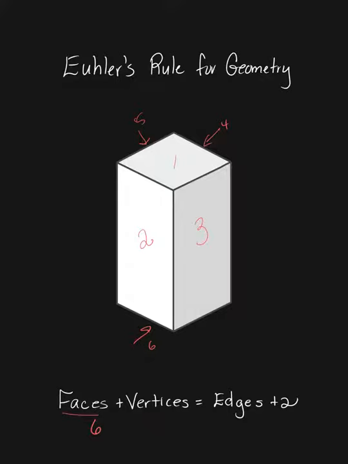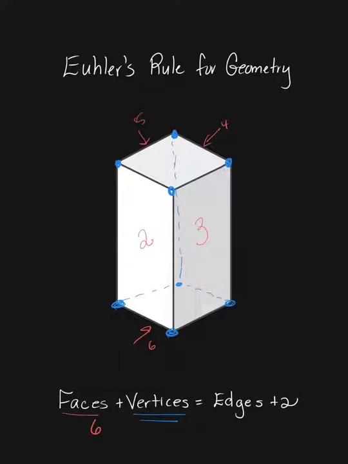Now, as far as the vertices goes, we said the vertices are the corners. So we have 1, 2, 3, 4, 5, 6, 7, and then we have an 8th one back here that we can't see, but it surely is back there. I'm going to dot in that side.